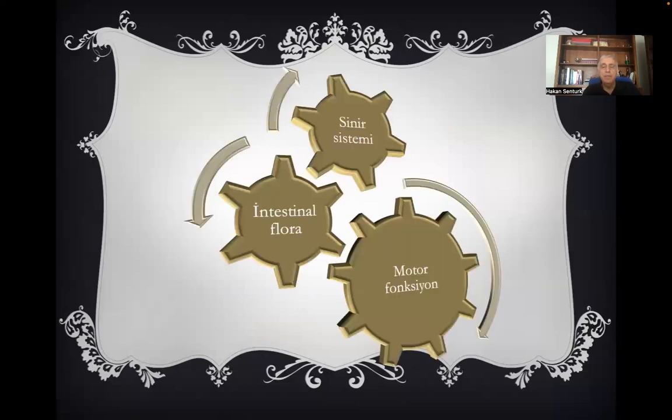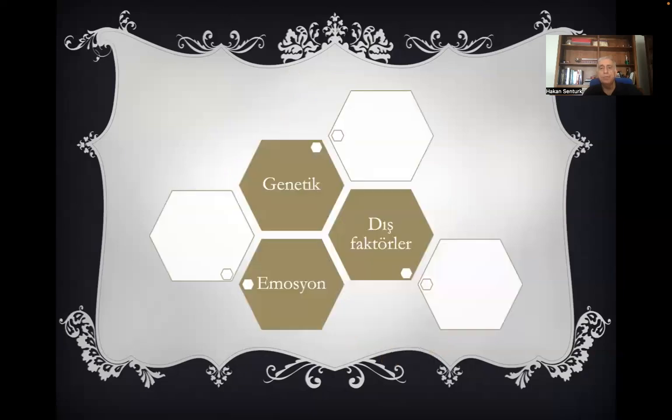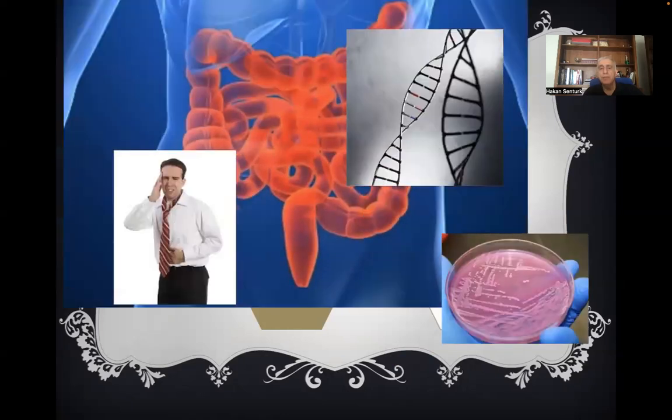We believe that in this complex disease, not only one system but several systems have some roles: either the central nervous system or the autonomic nervous system of the gastrointestinal system, or both. Intestinal flora and motor function of the intestine may have a role. There may be some genetic factors modulated by occupational factors, but certainly emotional factors have a significant place.